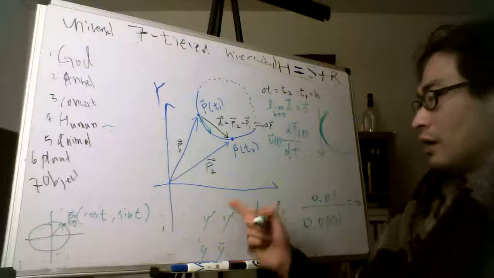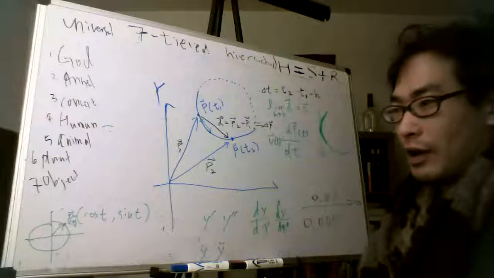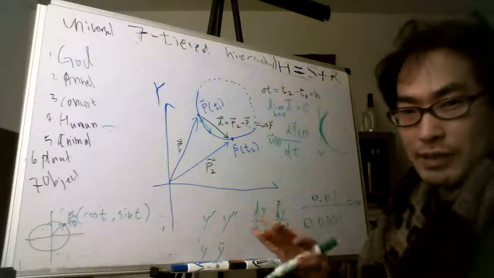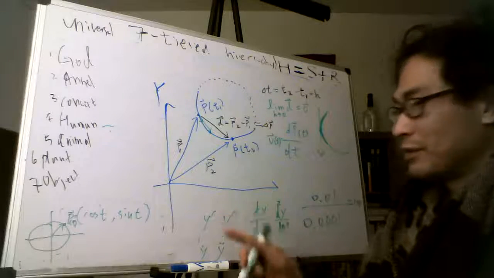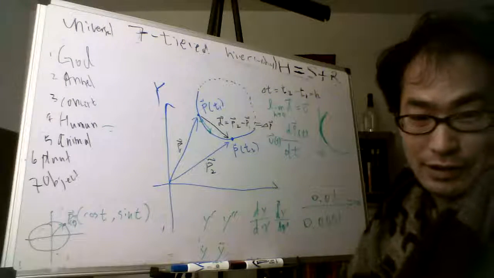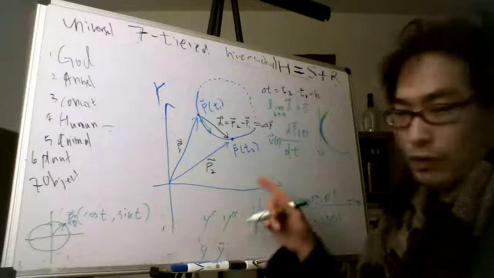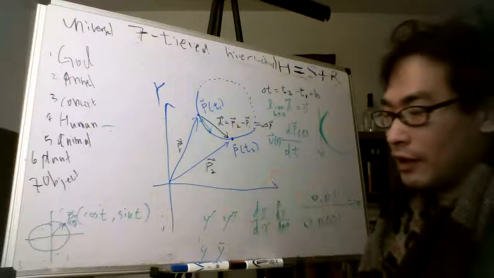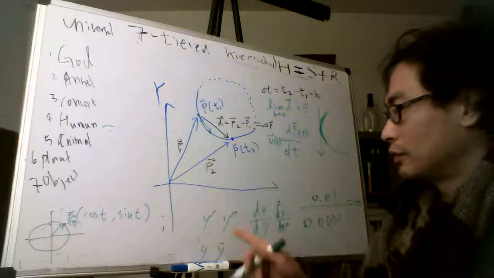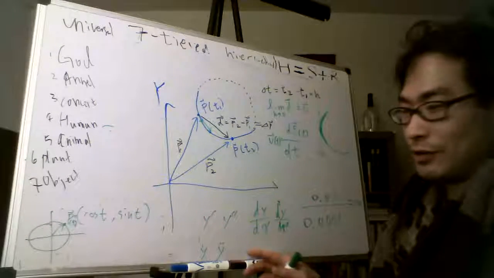But when we type things, y prime is easier to write. A tick or single quote is easier to write on the typewriter, that's why.